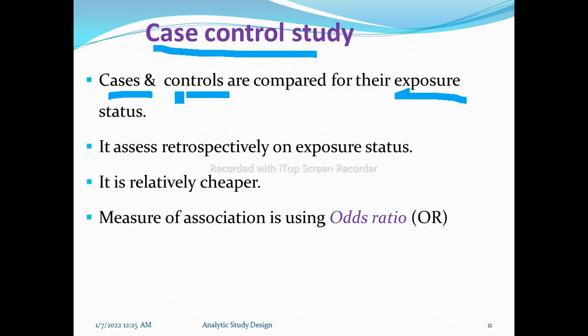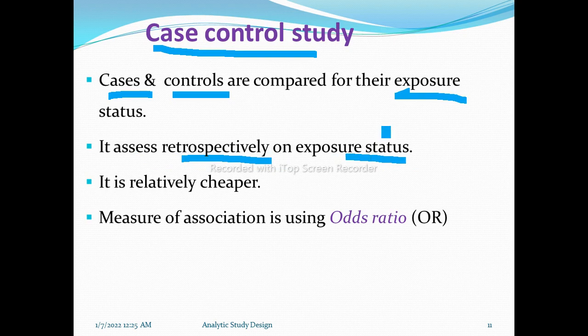So the investigator will select the cases who have the outcome of interest, and will select controls who are free from the disease or outcome of interest, and these two groups are compared for previous exposure status. So whether these cases are exposed or non-exposed, whether controls are exposed or non-exposed, is considered in the case control study. It assesses exposure status retrospectively.